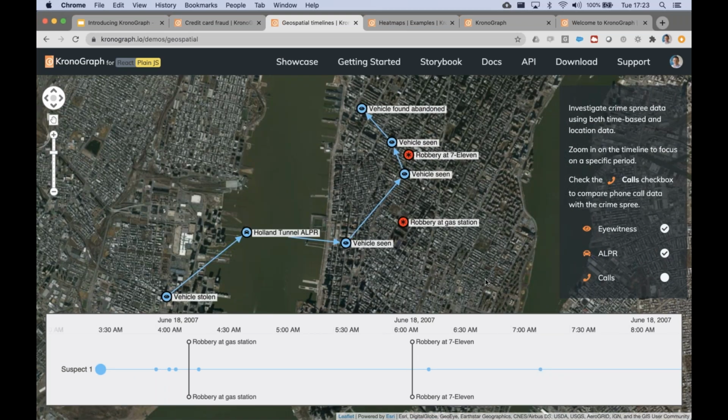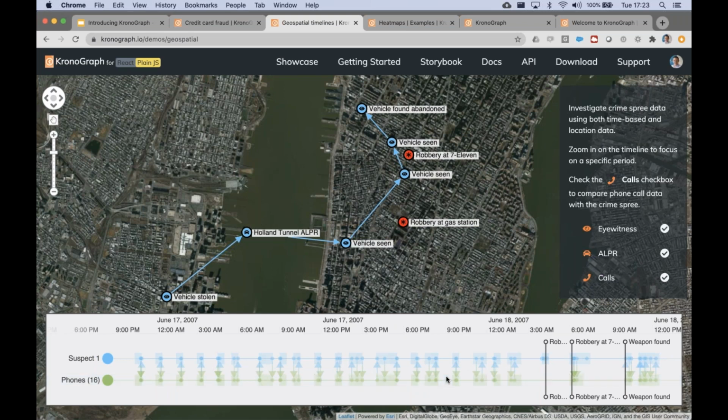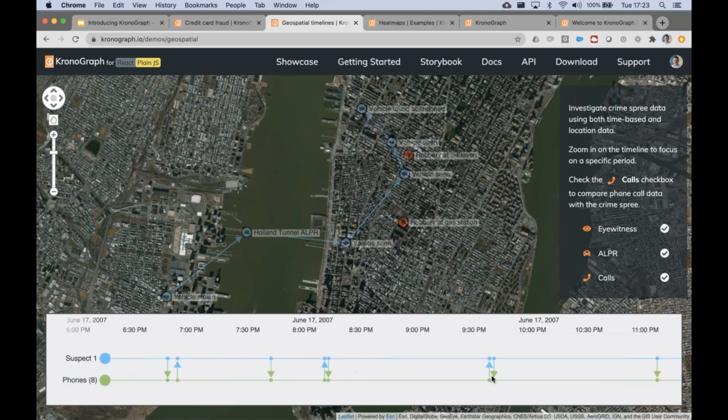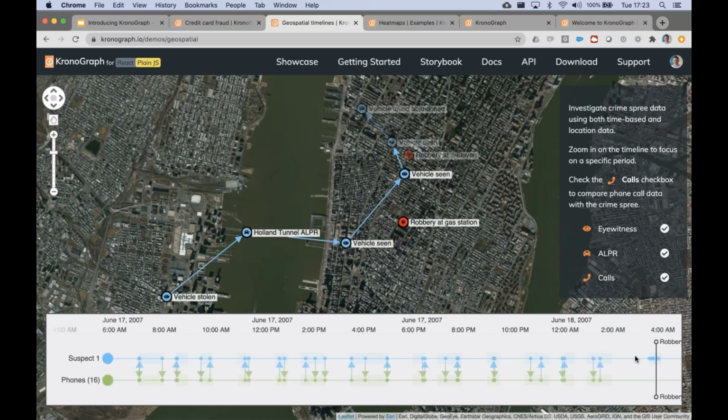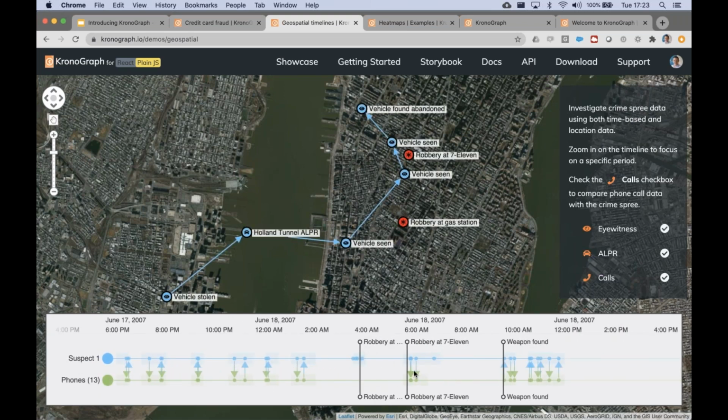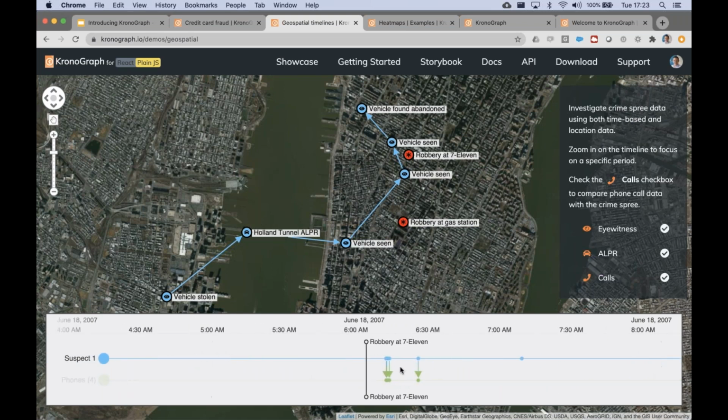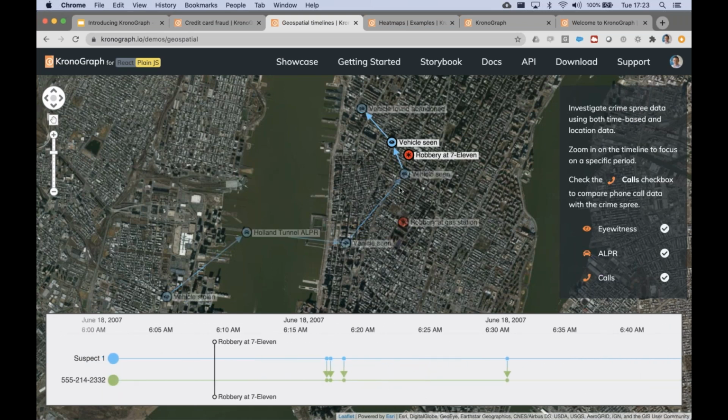Where this becomes really powerful is then if I was to load another data set in here, a totally different data set, which is a data set of telephone call records, which we've obtained as part of the investigation. And now I can see who this person was calling and overlay those calls on the same timeline as this crime. So I can look, for example, at around about the time that this person was suspected of committing a robbery.